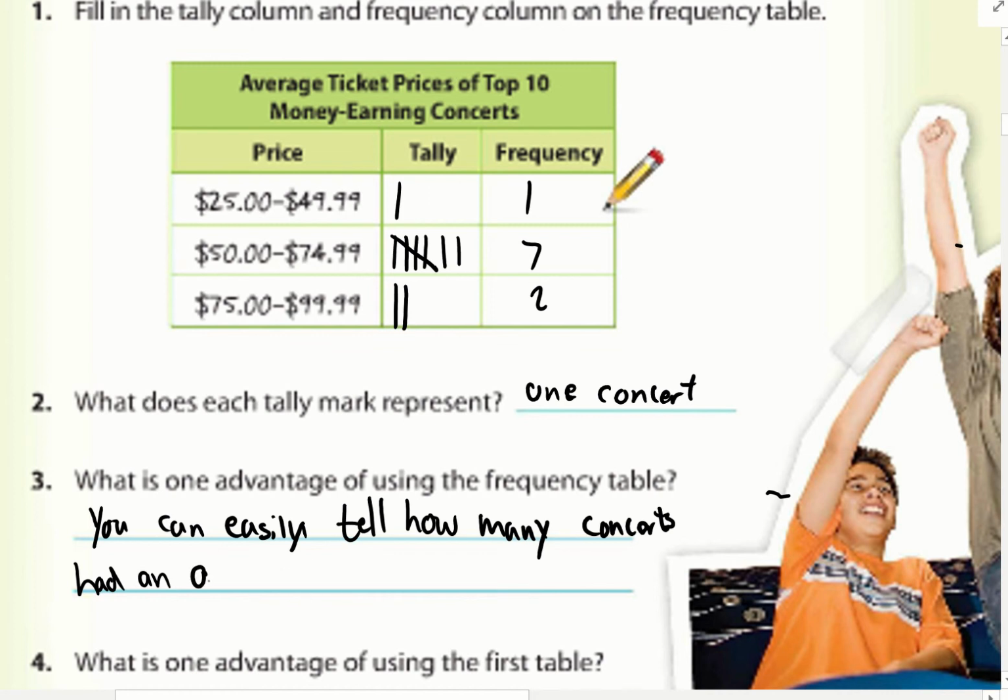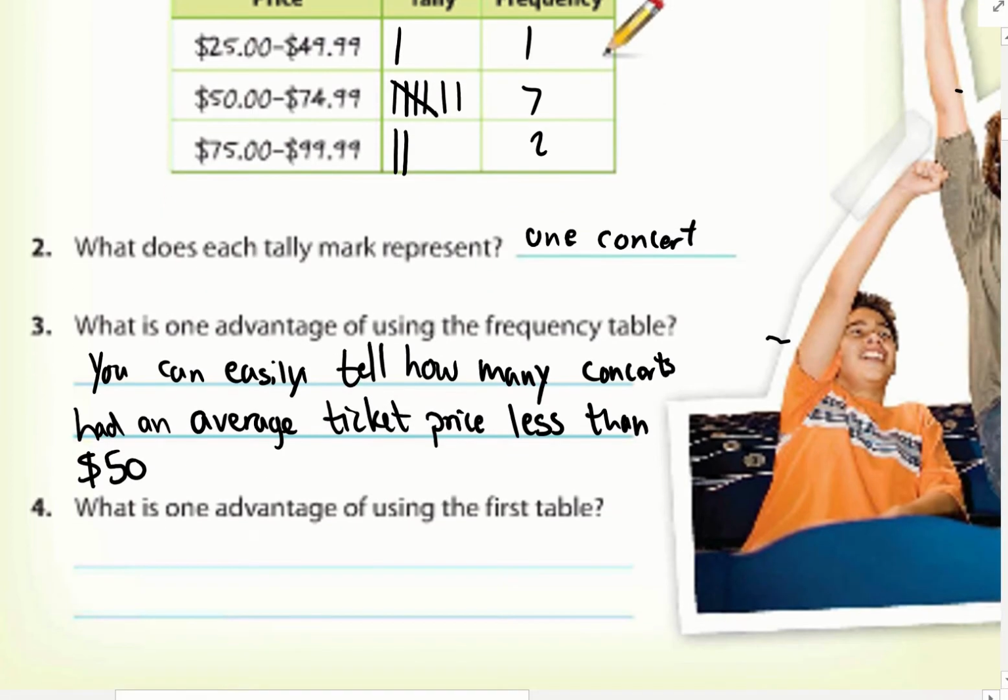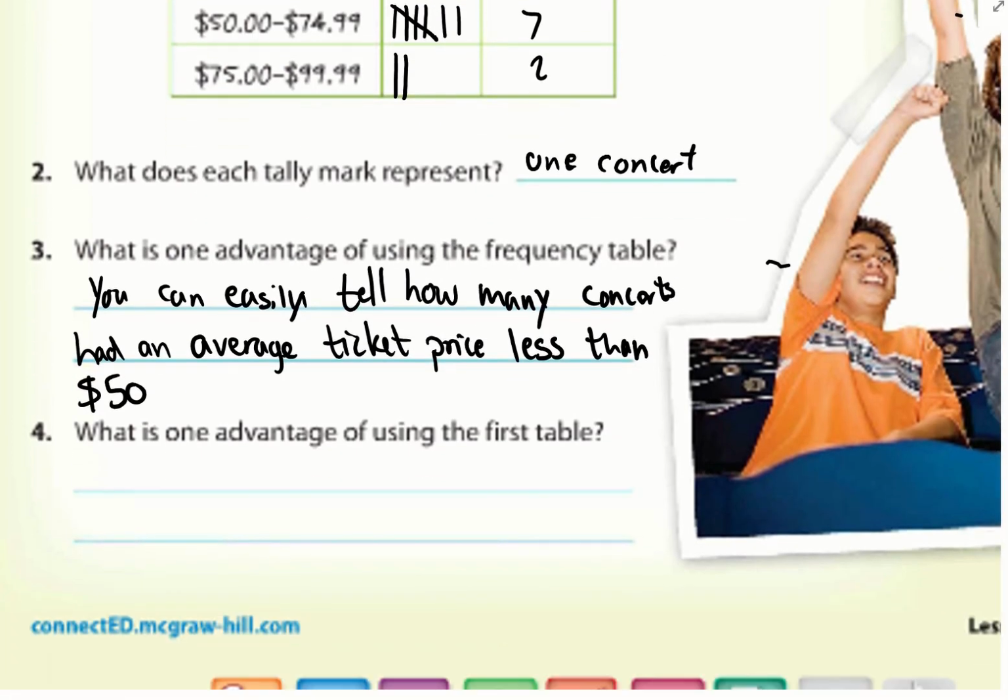Average ticket price less than $50. What is one advantage of using the first table?